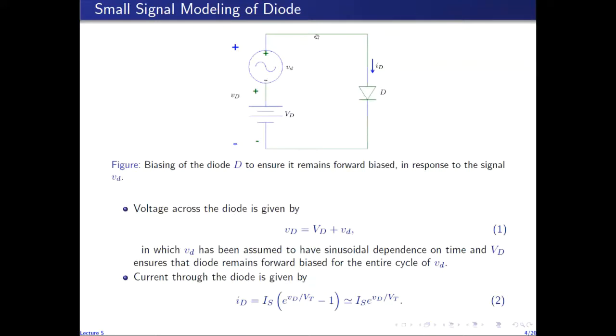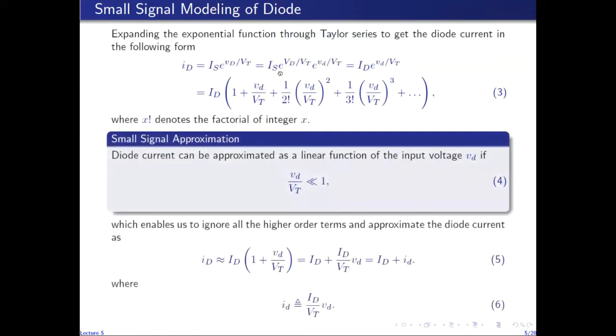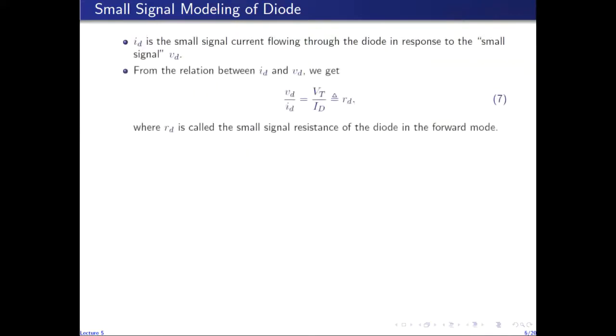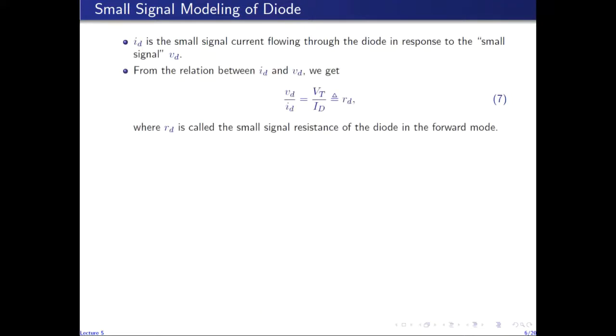If we replace this diode with a black box, then the ratio of the AC voltage across this black box to the current entering its positive terminal gives you the resistance of the black box. So that is why this ratio of vd to small id is called the resistance of the diode. It is not the actual resistance, it is the small signal AC resistance of the diode in the forward mode.